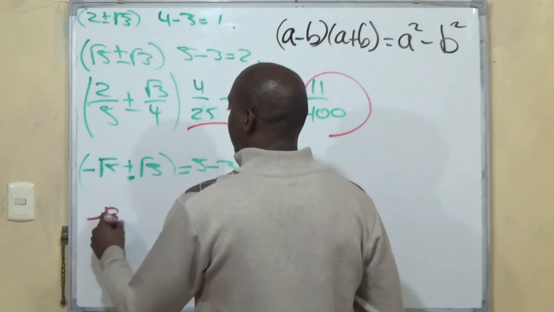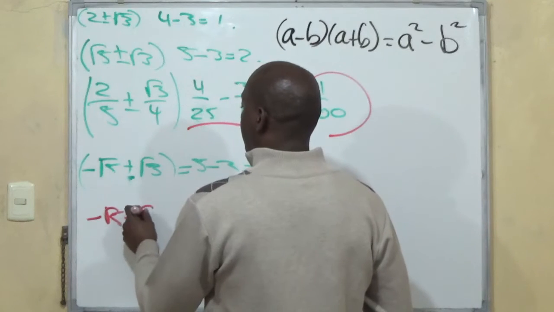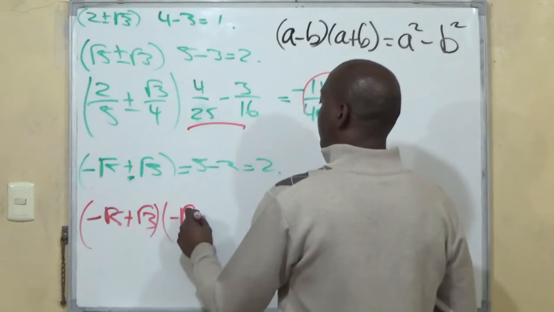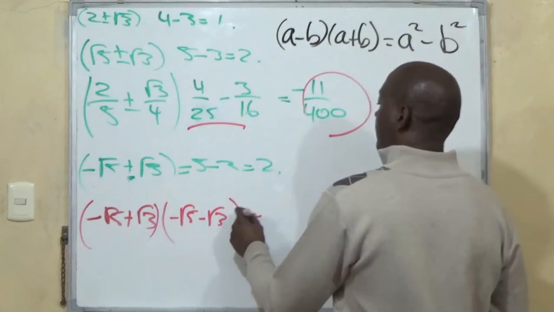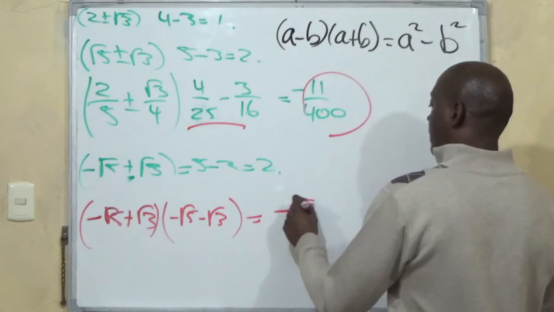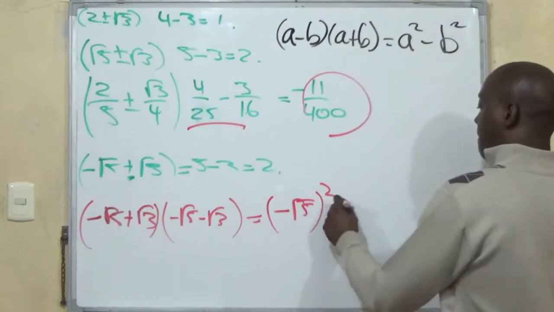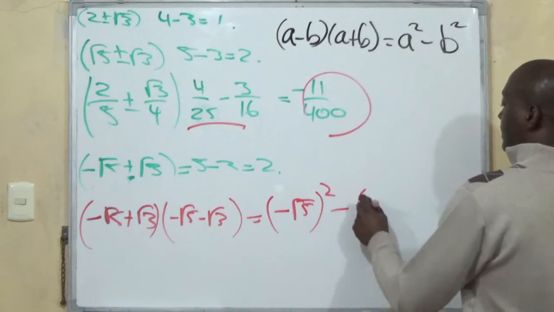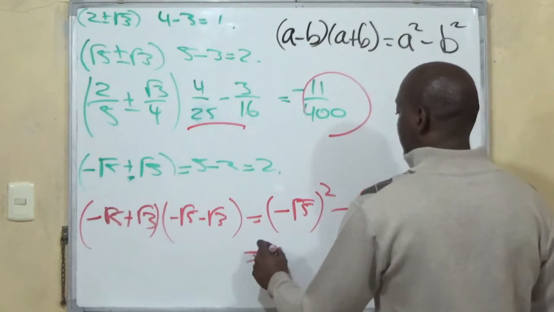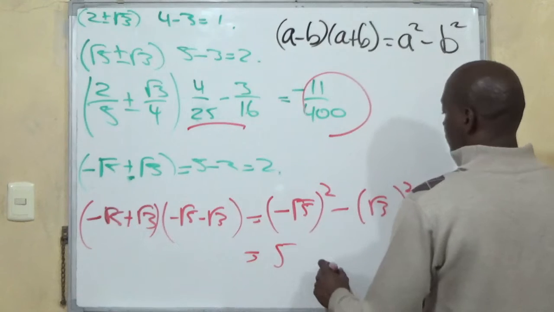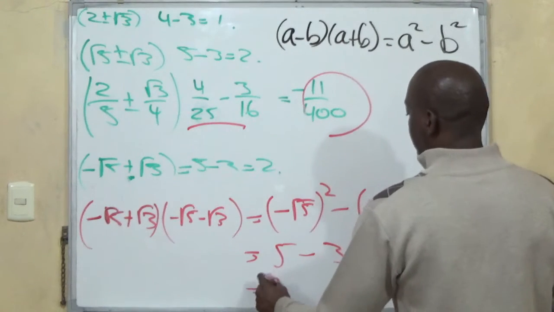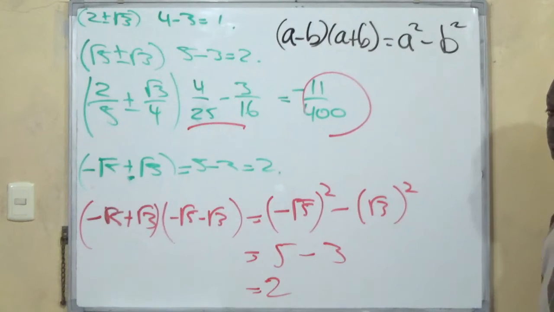Minus root 5 plus root 3 in brackets multiplied by minus root 5 minus root 3 will be equal to, watch it now, minus root 5 squared minus root 3 squared. Minus root 5 squared is 5. Root 3 squared is 3. 5 minus 3 is 2.